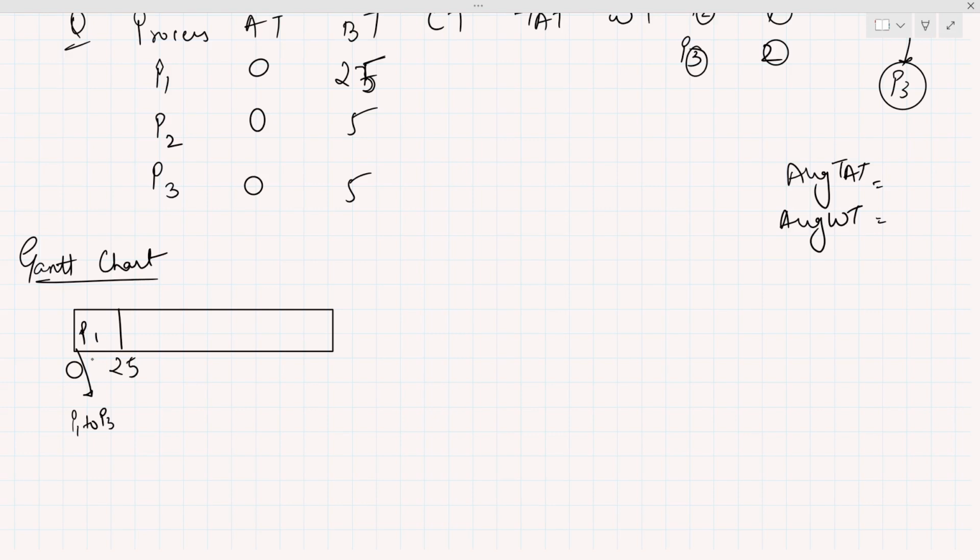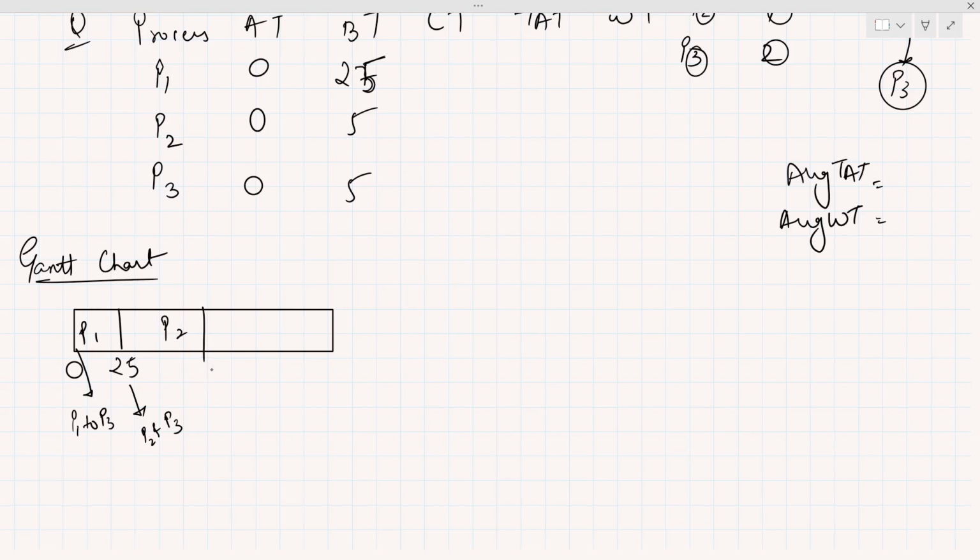Okay, so after 25 we have two processes, P2 and P3. Definitely P2 and P3. Now which process will get the CPU? P2 gets the CPU because of the sequence. What is its burst time? The burst time is 5.